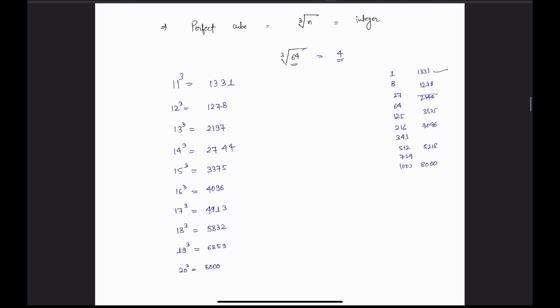So 1331 was correct, 1728 correct, 2197 for 13 cube, which I forgot. 2744 correct, 3375, 4096, 17 cube is 4913, 18 cube I got wrong, 18 cube is 5832, 19 cube is 6859. The rest is correct.